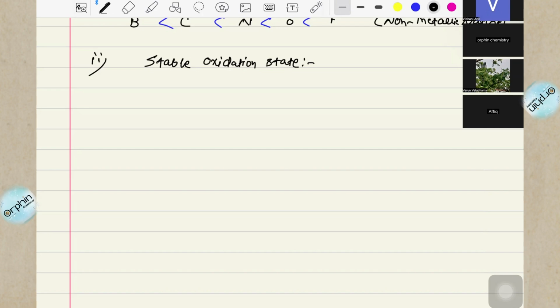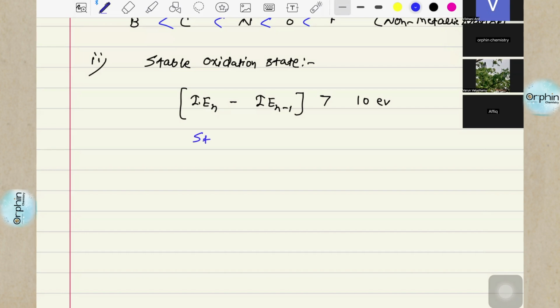But suppose some random case is given, for an element, then how do we do it? For this, we look at IE n and IE n minus 1, the consecutive ionization energies, I3, I2, I4, I3. If the difference is more than 10 electron volt, that means the difference is large. Then in that case, the stable oxidation state is n minus 1.